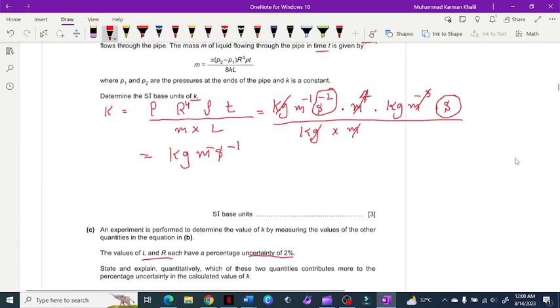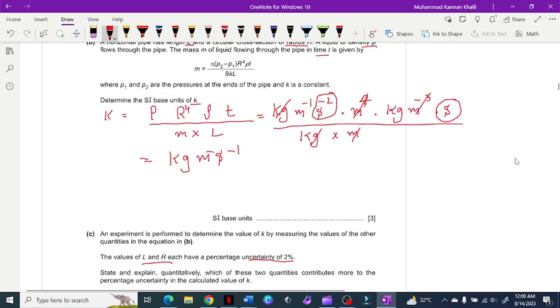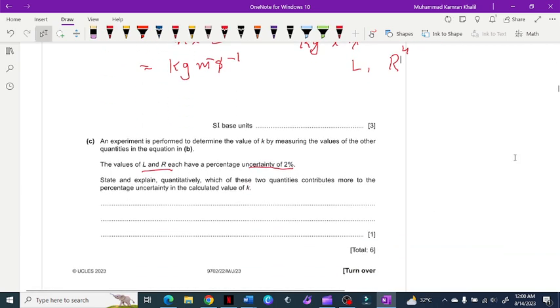So if we observe the expression, we can see that L and then R as power of 4. So uncertainty for L will be 2%, and then for R power 4, the uncertainty, the power multiplied by 2%, so then it will become 8%.